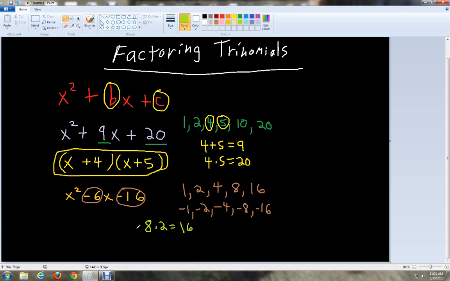But we need to have one positive and the other negative. So we could do 8 minus 2 is 6. But that doesn't add up to negative 6. So maybe switch the negative to negative 8. And so negative 8 plus 2 is negative 6. So that works. So we know that our two factors are going to be negative 8 and positive 2.